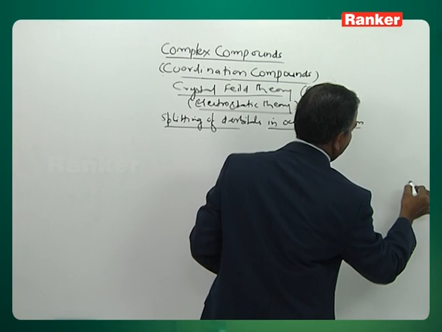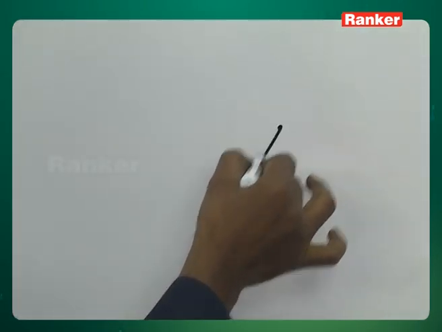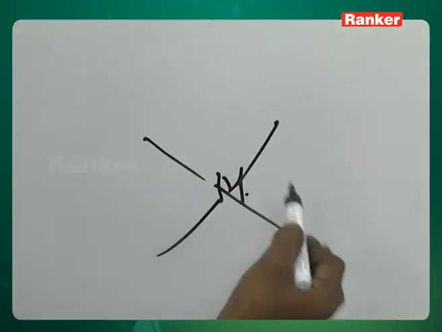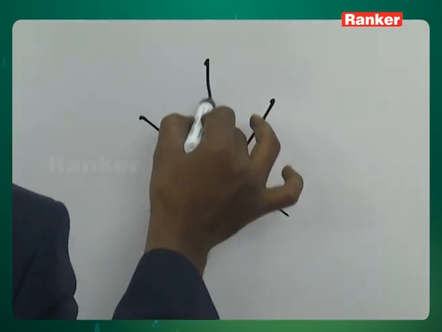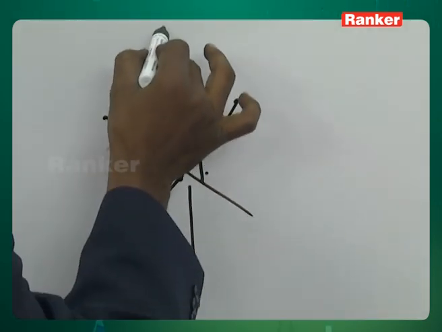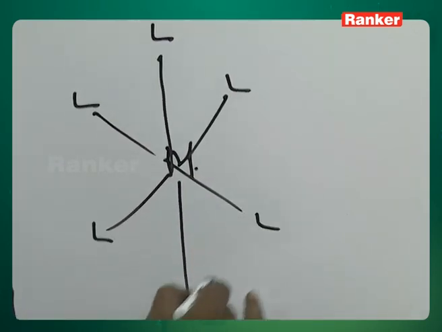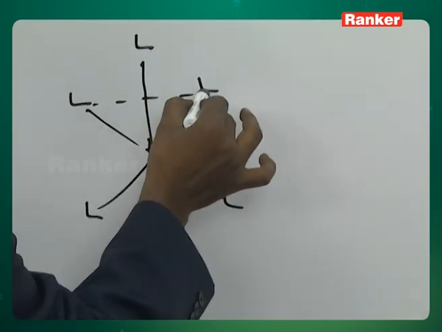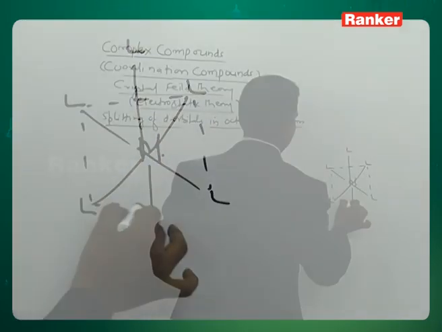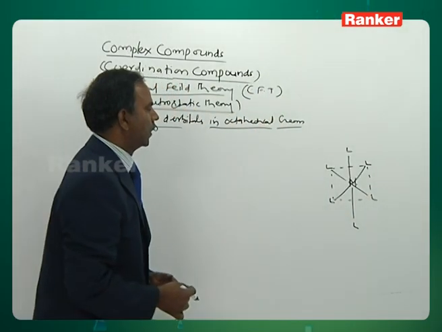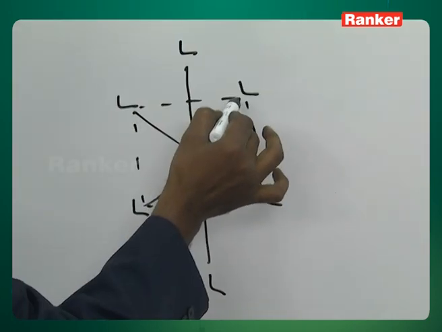Now, I am putting a complex here, M, octahedral geometry I am writing. Then writing the orbitals here.